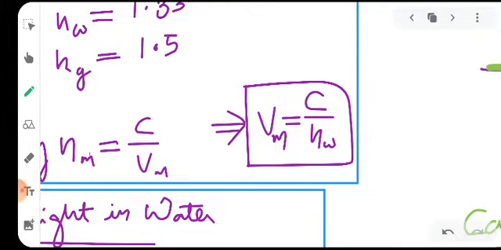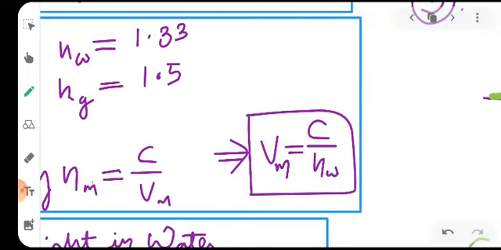Now from here you can redefine the refractive index. You just do the cross multiplication. I'm sorry, it's c equals n times v subscript m.